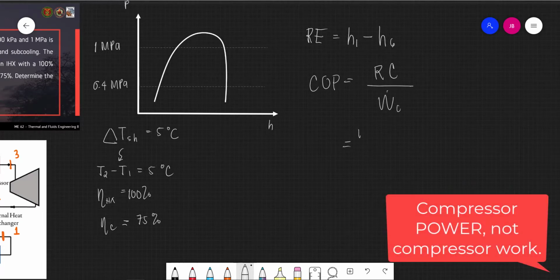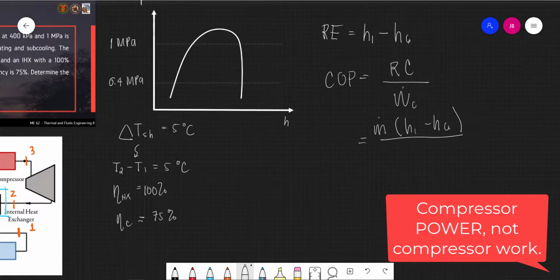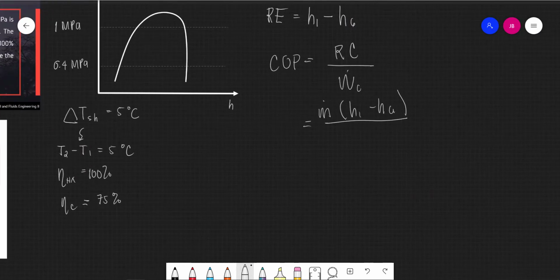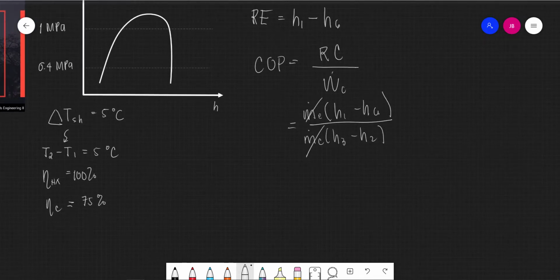So we have the mass flow multiplied by H1 minus H6 divided by the compressor work would be H3 minus H2. So we have M dot multiplied by H3 minus H2. So, alam natin na yung mass flows dito sa evaporator at sa compressor ay magkapareha. So, they will just cancel each other out. So, it's a matter of solving for these states. State 1, 2, 3, and 6.